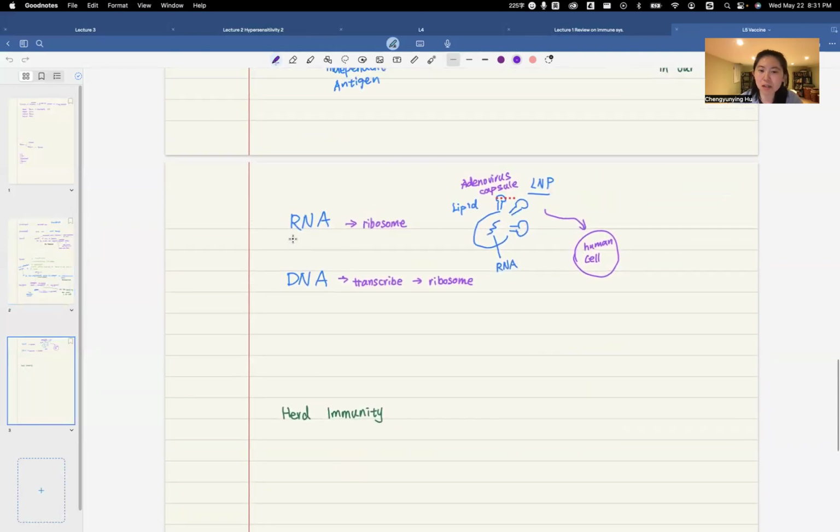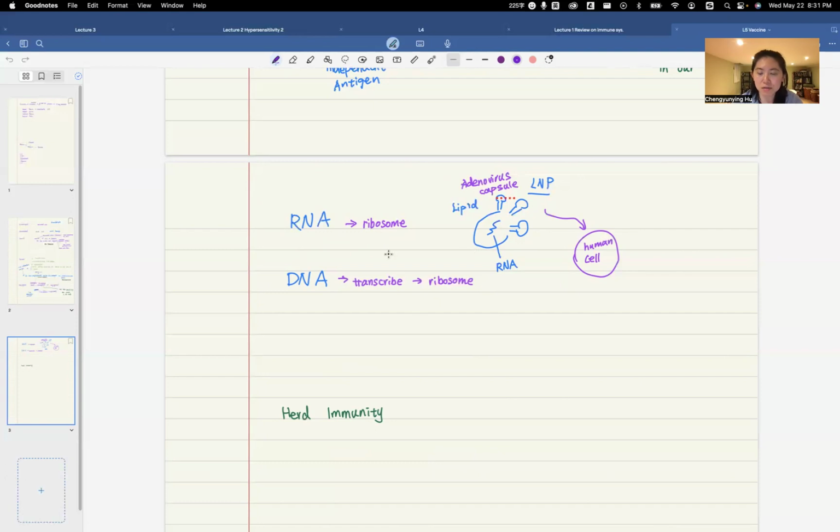So moving on to the last pair of vaccine, RNA, DNA. So these concepts are similar. The difference is just we use either viral RNA or we use viral DNA. If it's RNA, then that makes this vaccine RNA vaccine. If it's a viral DNA, then it's a DNA vaccine.